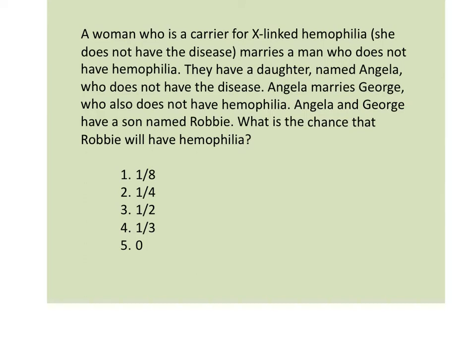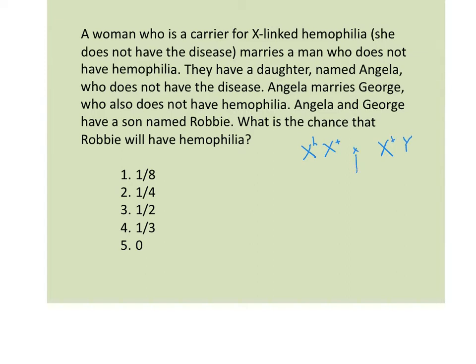All right, another paragraph of information. A woman who is a carrier for X-linked hemophilia. Let's draw in her genotype right away. She is a carrier for X-linked hemophilia. She marries a man who does not have hemophilia. So there is the spouse's genotype.